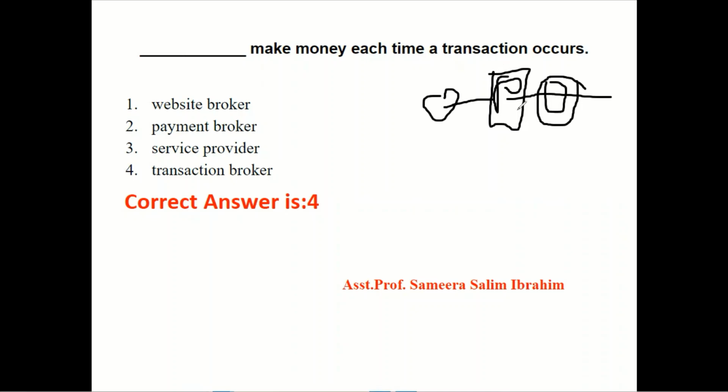That minimum amount is fixed by Paytm and the shopkeeper. That amount is called the transaction fee, and it is taken by the transaction broker. So the correct answer will be transaction broker. Transaction broker makes money each time a transaction occurs.